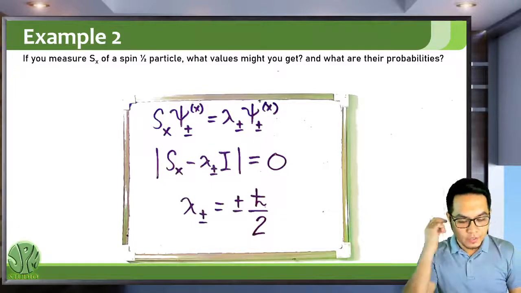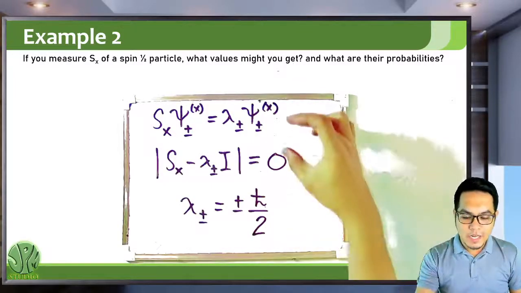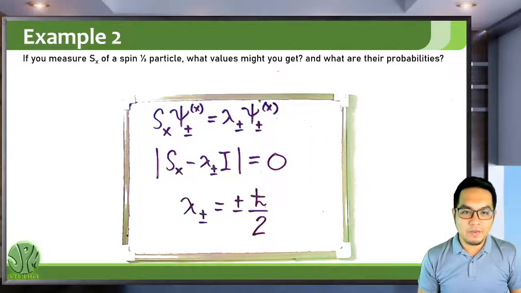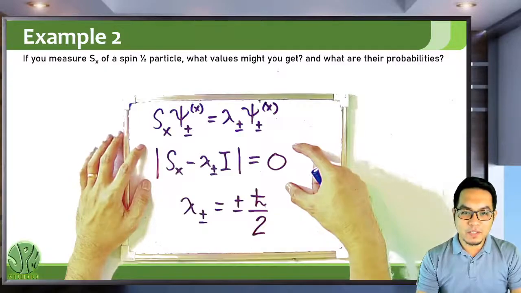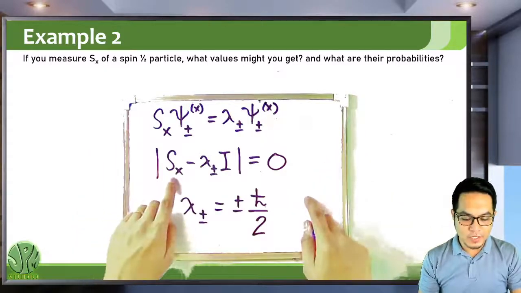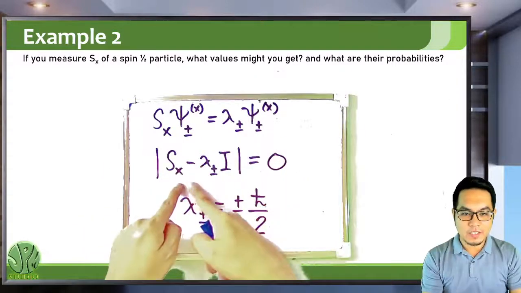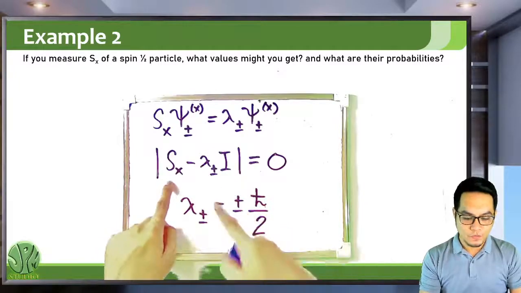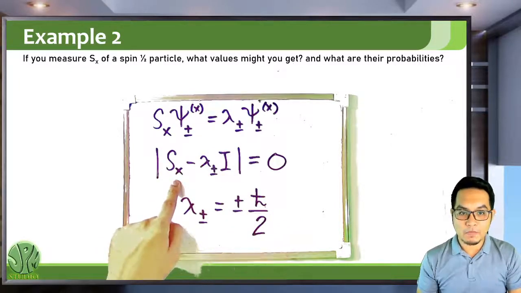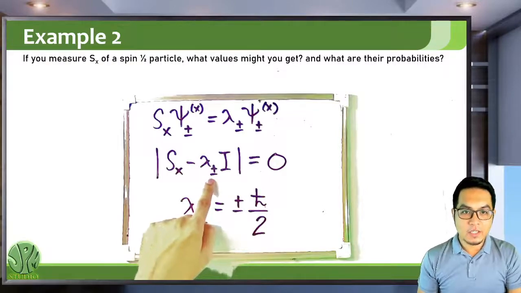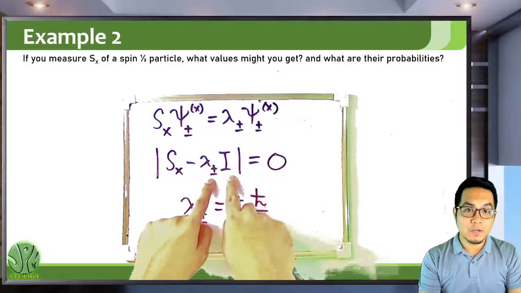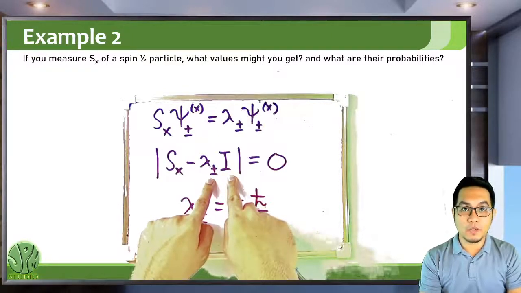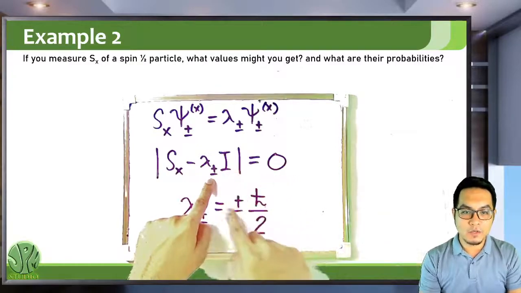Okay, this is an eigenvalue equation. To solve for the eigenvalues, we use the characteristic equation. I will not be doing this in detail because I think we know this. It is just the determinant of this matrix subtraction. You already know the matrix form of Sx. Lambda is just some number, the eigenvalue, and I is just the identity operator, in this case the 2 by 2 identity operator, 1 0 0 1.